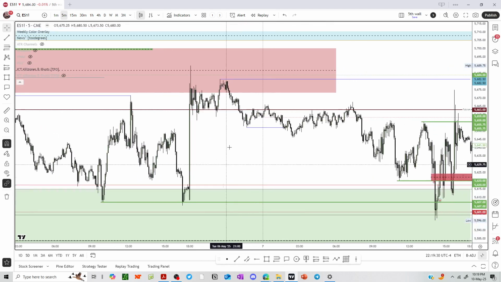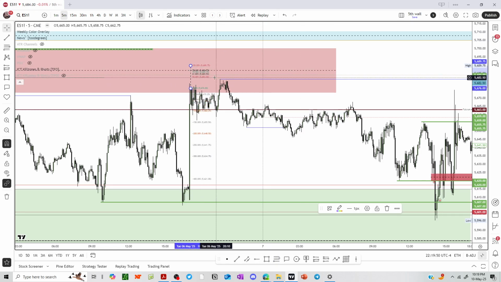I took the short. I saw this happen and I traded the short. And you can trade that utilizing the quarters. So you see it fell below the 4-hour hold, below the consequent encroachment. It also does quarters, so it didn't go up to the 50% mark.